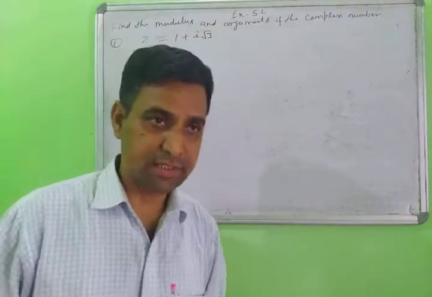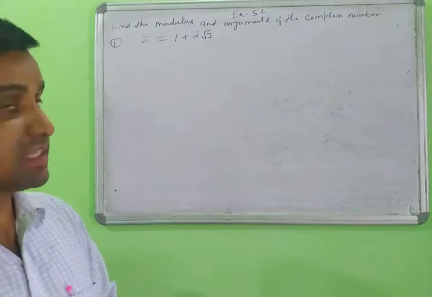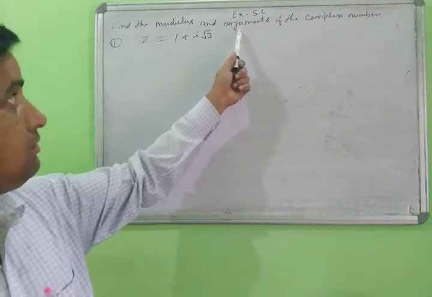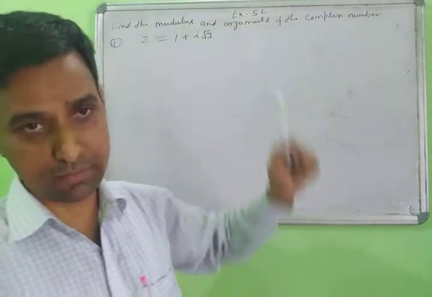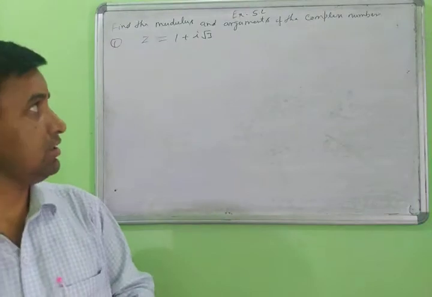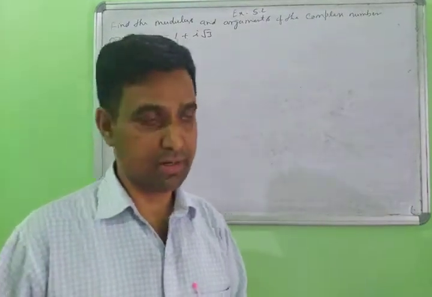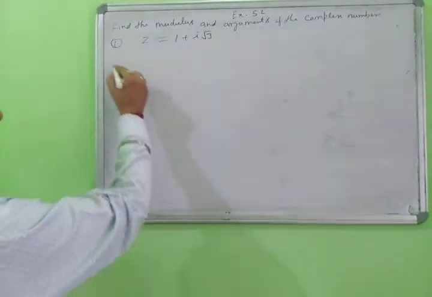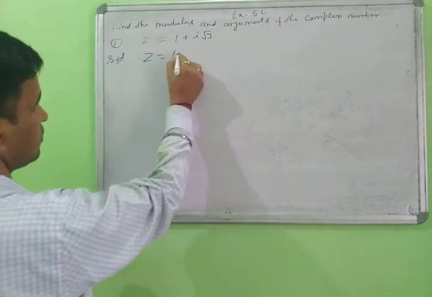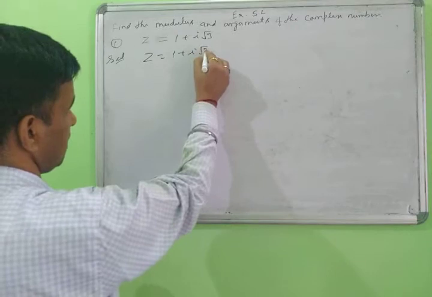Yes, students. Now understand the first question here. Find the modulus and argument of the complex number. How to find the modulus and how to find the argument of any complex number. Now start the solution. First, we are given z equal to 1 plus iota root 3.